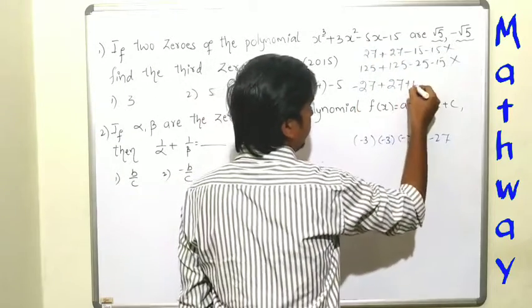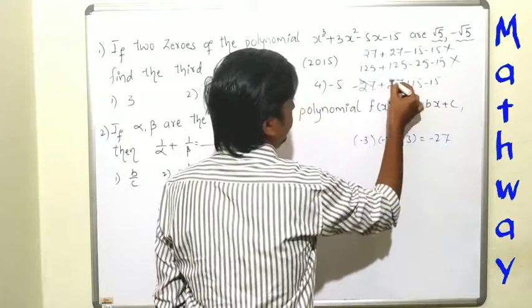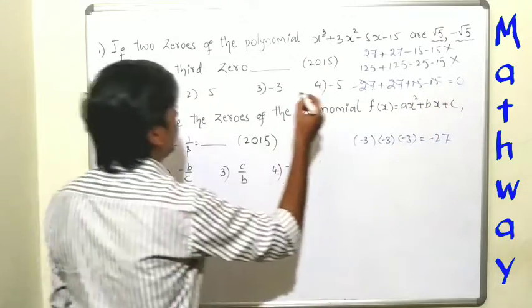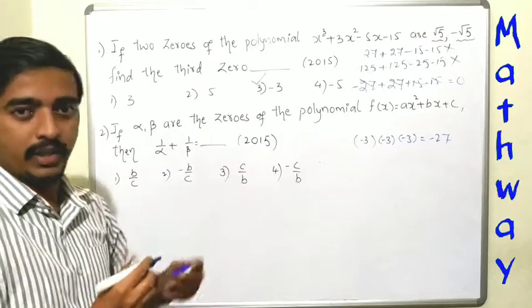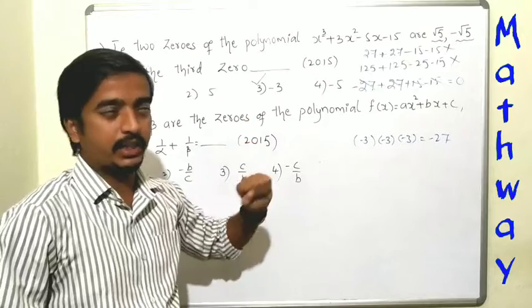Minus into minus is plus, so it is plus 15. Finally minus 15. So minus 27 plus 27 gets cancelled, and 15 minus 15 is 0. When we put minus 3, the value of the polynomial is 0. That's why the third zero of this polynomial is minus 3.